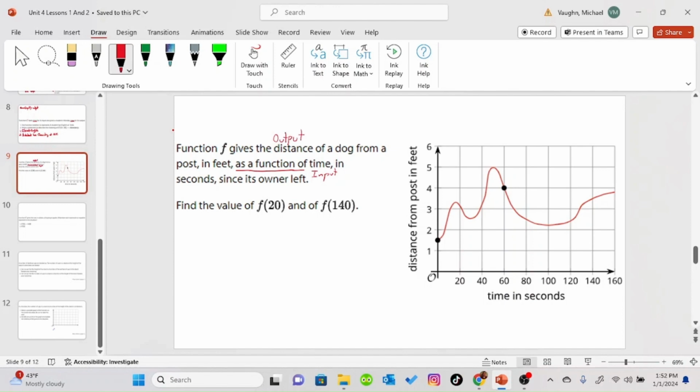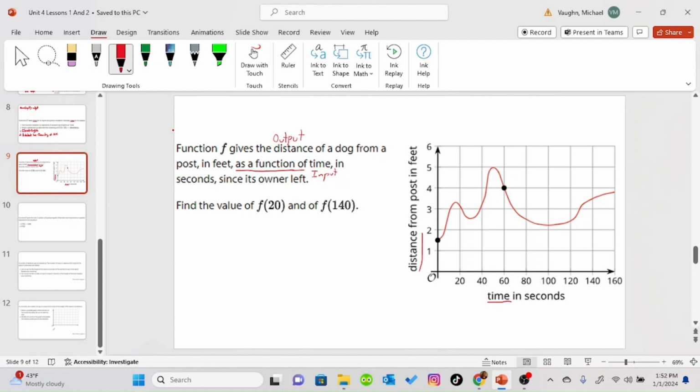And you can see they have time as the input or x value, and distance as the output or y value. And they want us to find the value of f of 20.